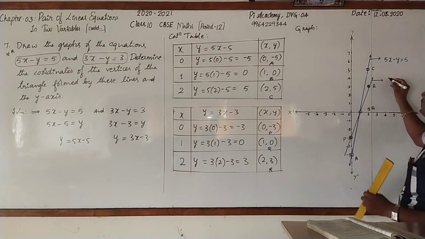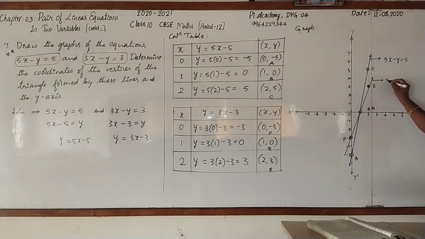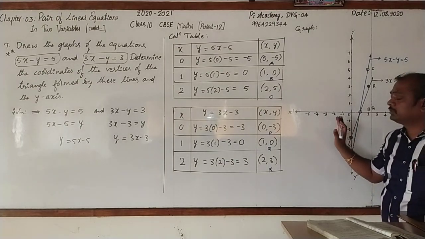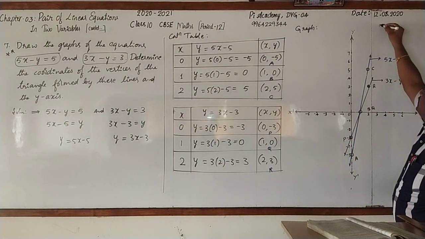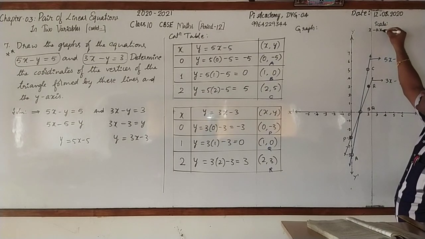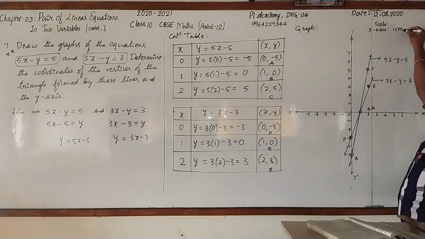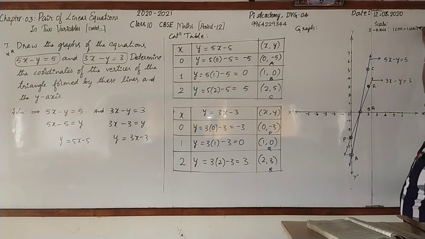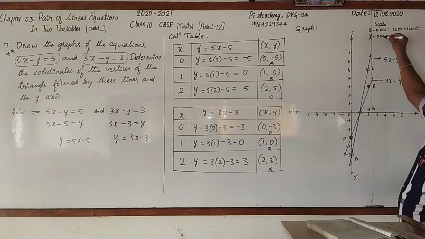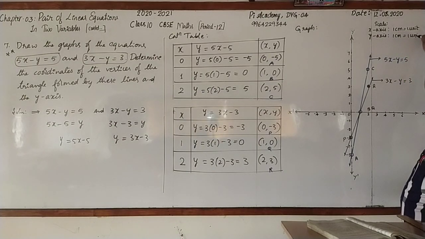Here, this is the graph of the equation 3x minus y is equal to 3. Okay? Now the graph is over, and without fail we have to write the scale. What is that scale? In x-axis, 1 centimeter is equal to 1 unit. Y-axis, it is 1 centimeter is equal to 1 unit.